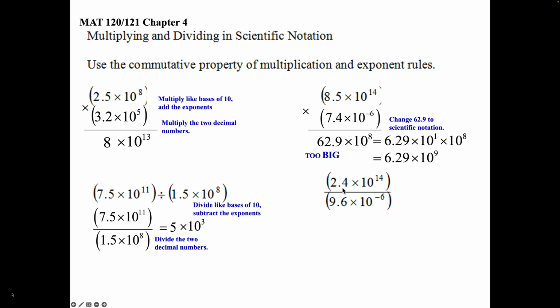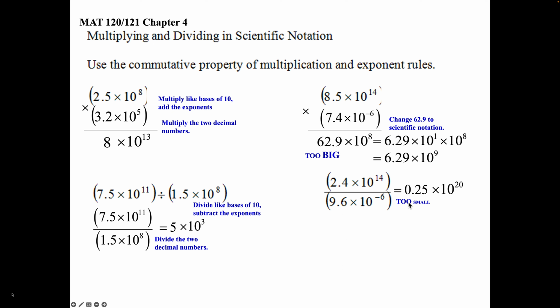Over here, we have 2.4 times 10 to the 14th divided by 9.6 times 10 to the negative 6th. Subtract your powers. Now this is 14 minus a negative 6. That's going to give me 10 to the 20th power. 2.4 divided by 9.6 happens to be 0.25. Well, wait a minute. This is not between 1 and 10.